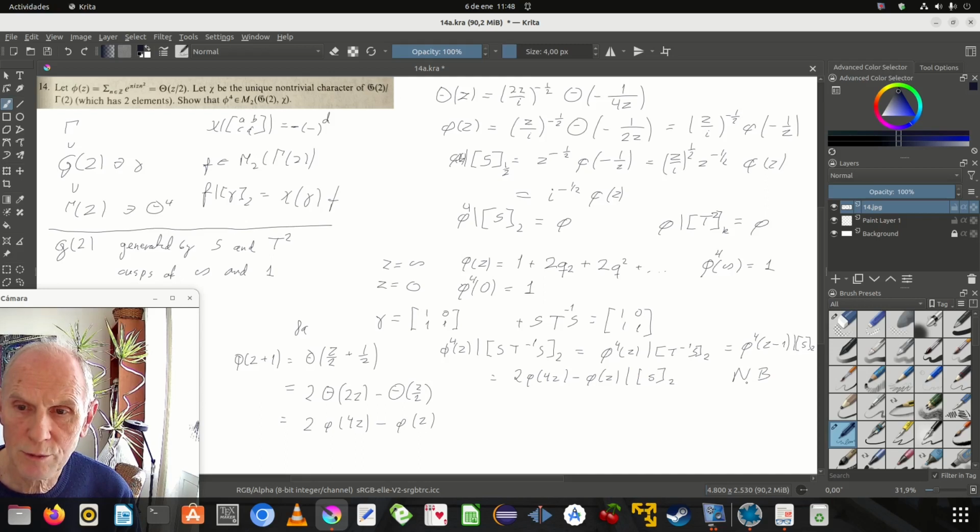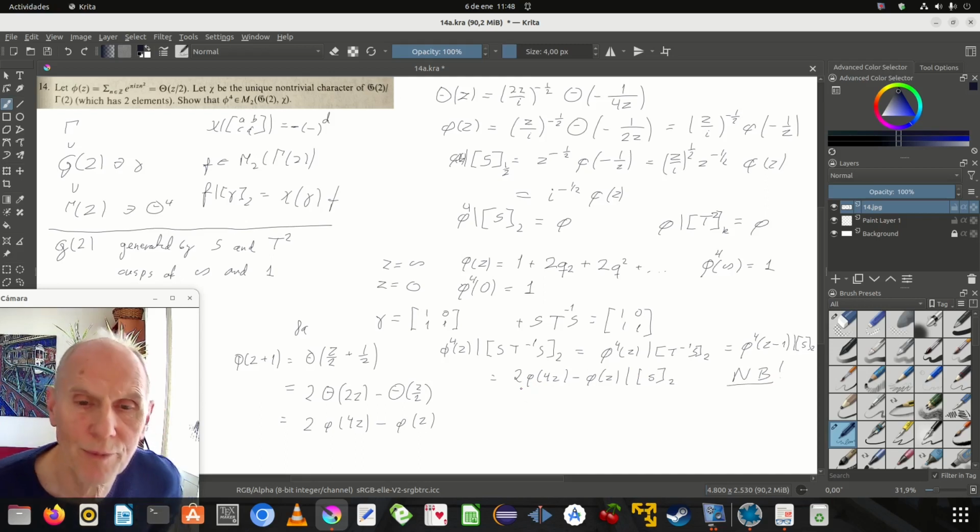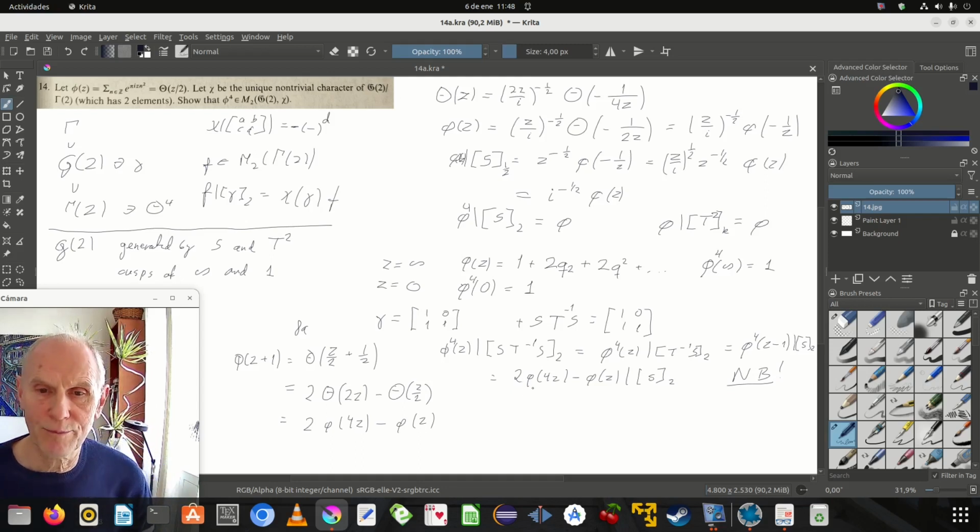And now this is the wrong notation, because we're operating on this function as a whole, not only on 5z and then replacing z with 4z afterwards.